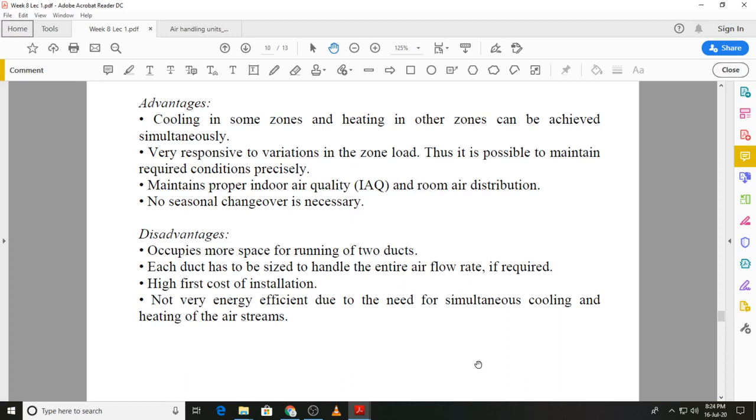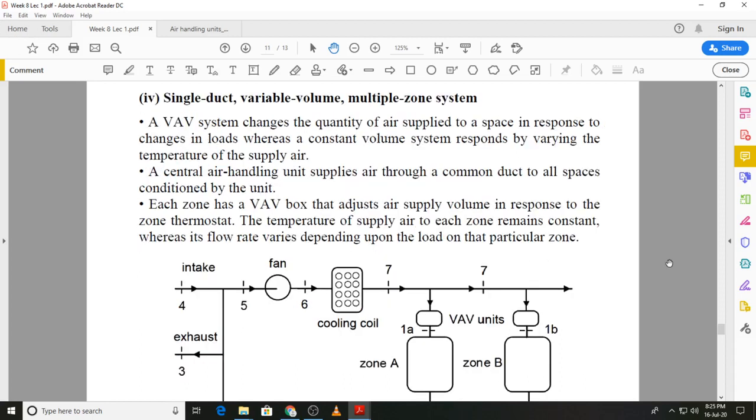We now move on to the other arrangement that you will see is the one that we use in modern air conditioning systems, which is known as the variable air volume system, and it is suitable for multiple zones. In a variable air volume system, as the name implies, the quantity of air that is supplied to the zone can be varied, whereas the temperature is kept constant.